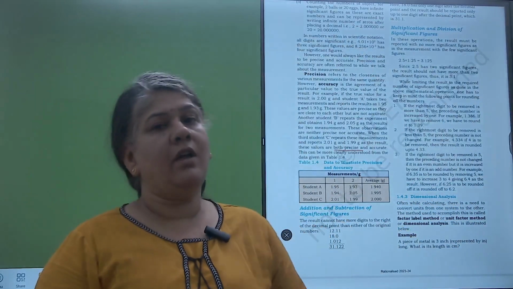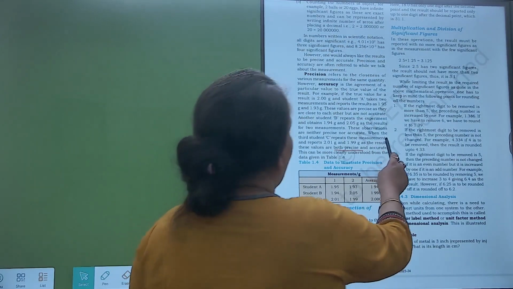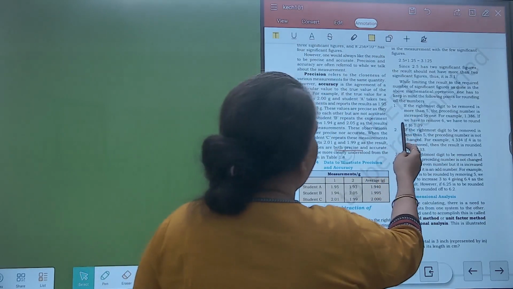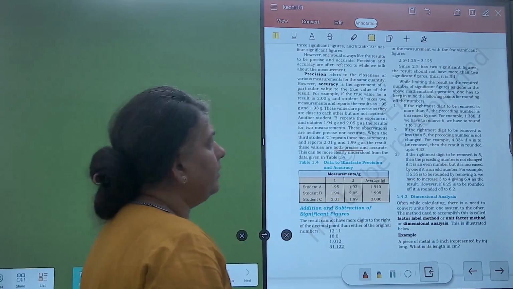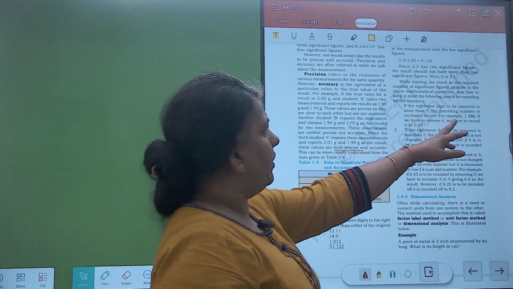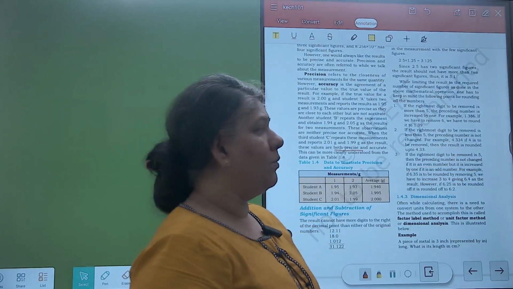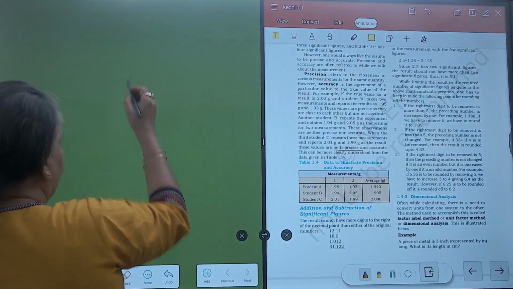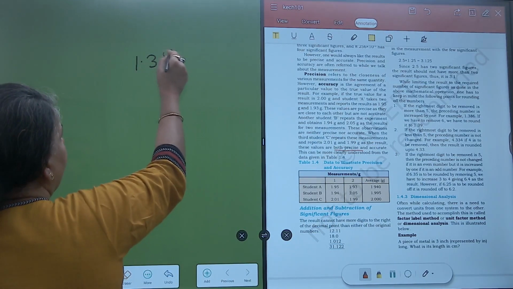Now let's see what are the rules for rounding off the numbers. See, now here we'll see few of the rules which are mentioned here. See, the first rule says if the rightmost digit to be removed is more than 5, then we add 1 to the preceding one. For example, see, it is given 1.386.